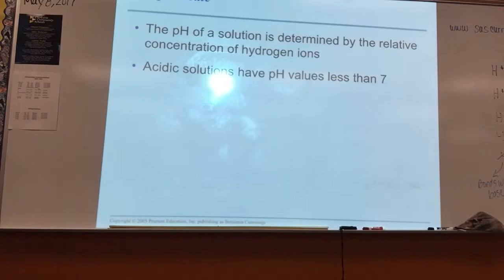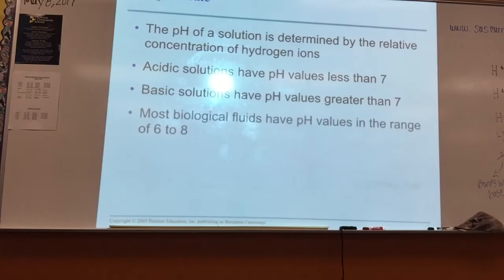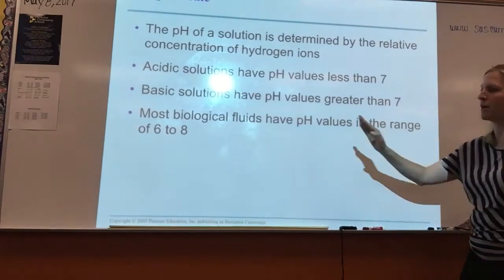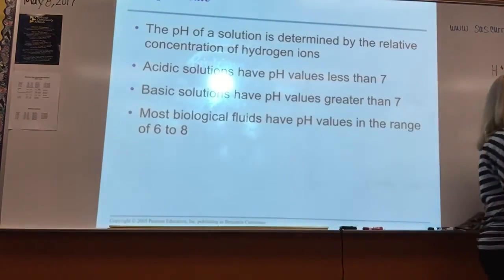Acidic solutions have pH values less than 7, and basic solutions have pH values greater than 7. Most fluids in living organisms have pH values right around neutral. It's not usually at neutral, a little bit below, a little bit above, ranging from 6 to 8.